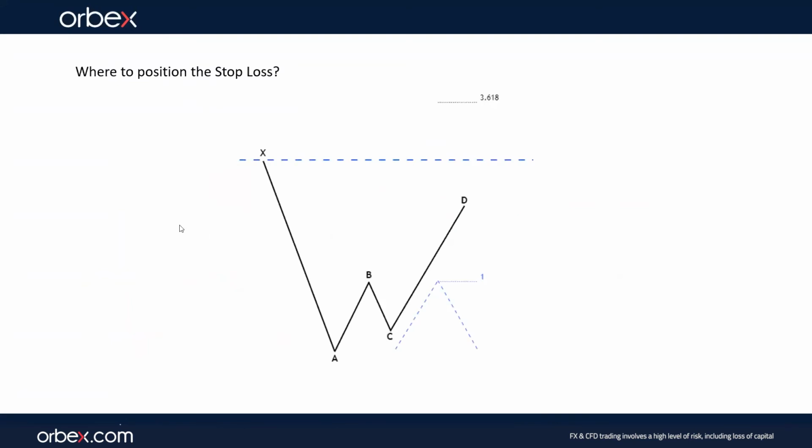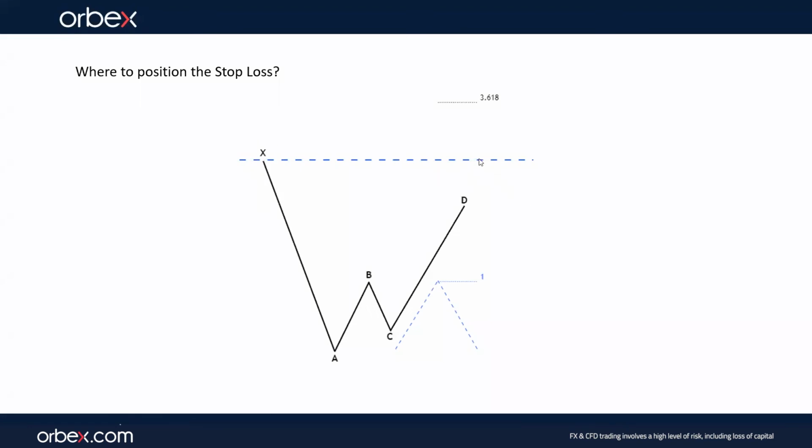So just a quick look at where to position the stop loss. So we've got our X to A, A to B, B to C, and C to D. Now we're looking for the retracement. Well, the stop loss, as I said, the harmonic pattern does not usually go beyond point X, the beginning.